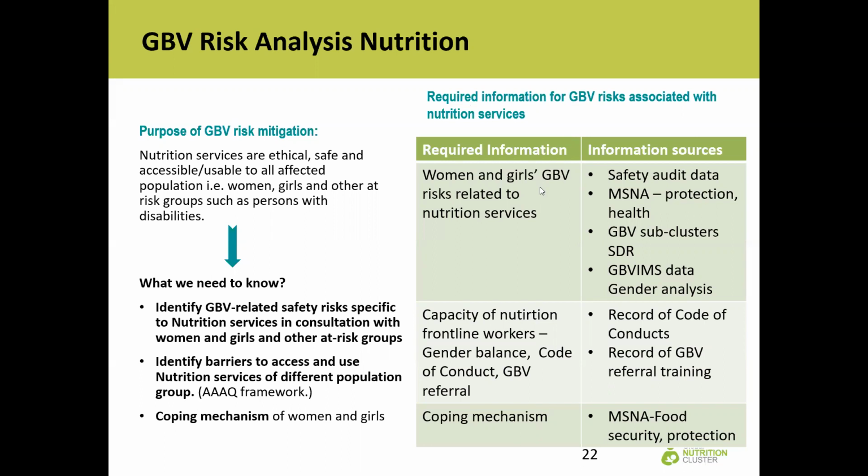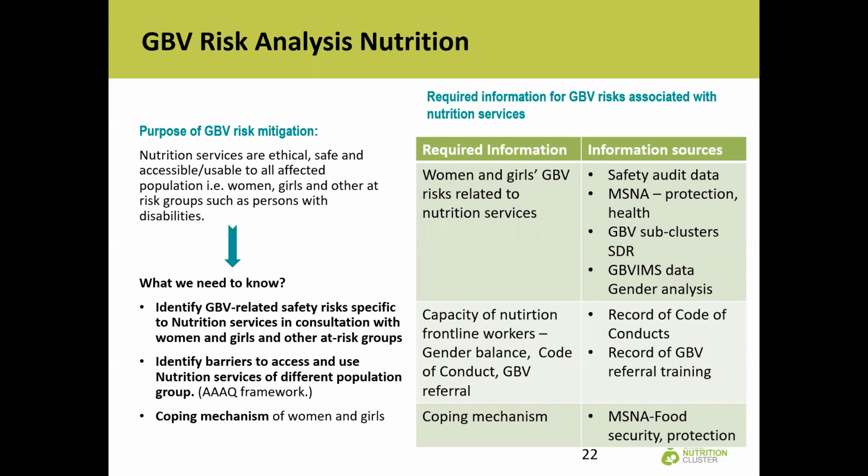Also, the MSNA from Protection and Health normally includes some information on safety concerns in the locations, and on barriers to accessing health services. So it can also provide good information, or at least ideas on risks related to nutrition services.